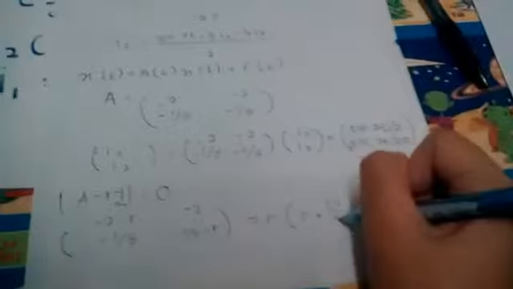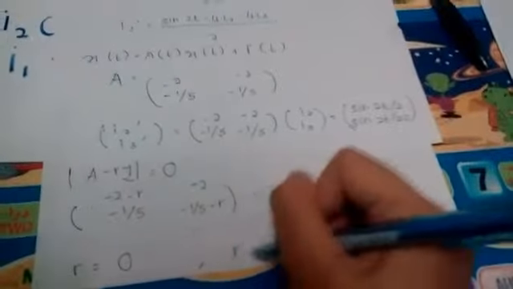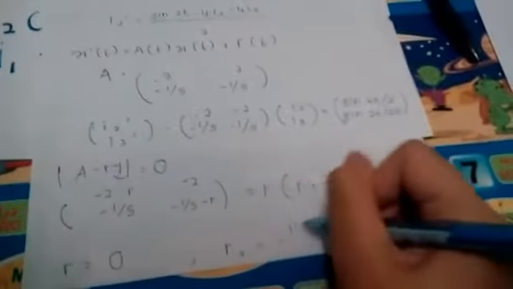So we will get r1 equal to 0, and also r2 is equal to negative 11 over 5.